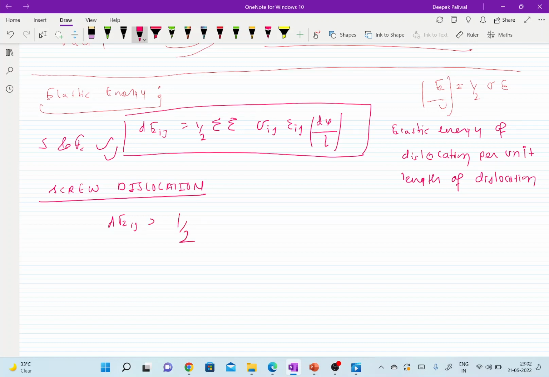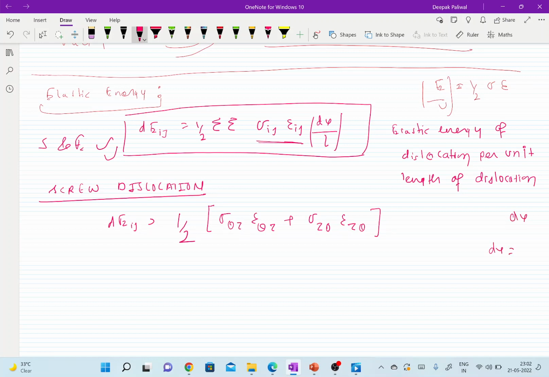So dE is equal to 1 by 2, and I need to do this summation: sigma theta z epsilon theta z plus sigma z theta epsilon z theta. Now I need to write the volume.